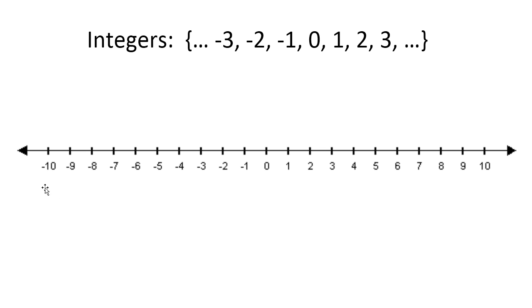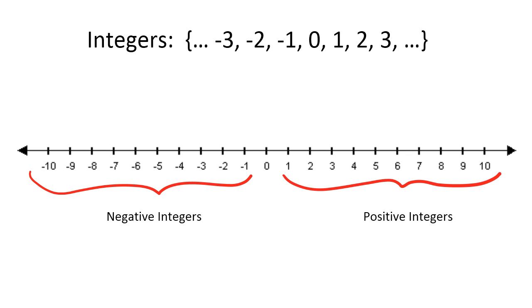You can see that we have the negative integers, the positive integers, and we have 0, which is neither positive or negative. Now when we talk about positive and negative numbers, we also sometimes want to talk about how far they are from 0 on the number line.